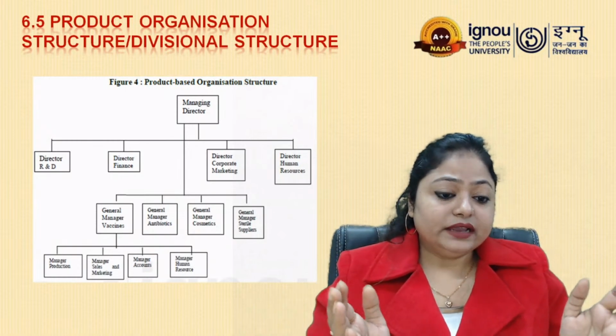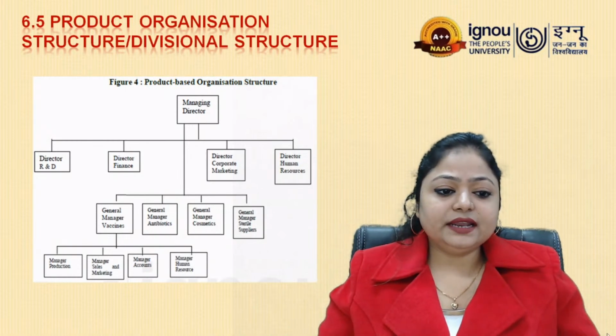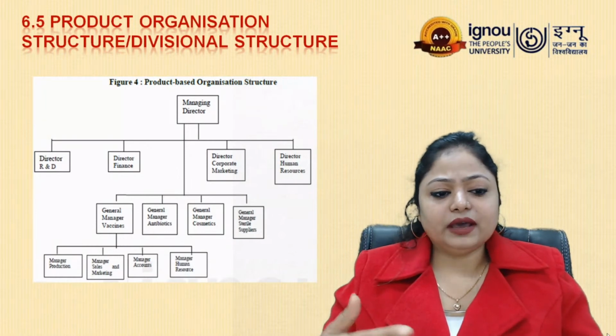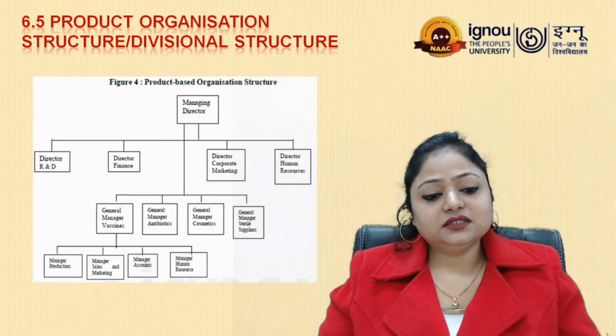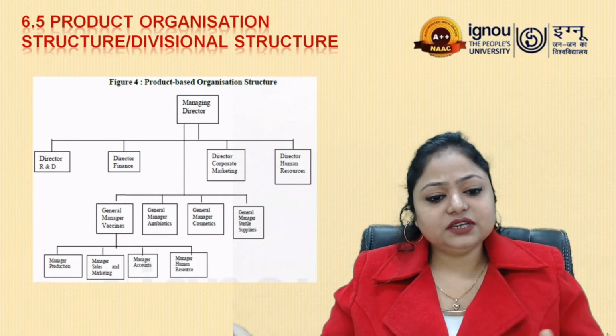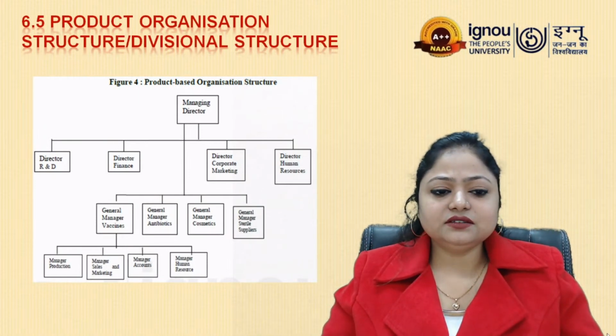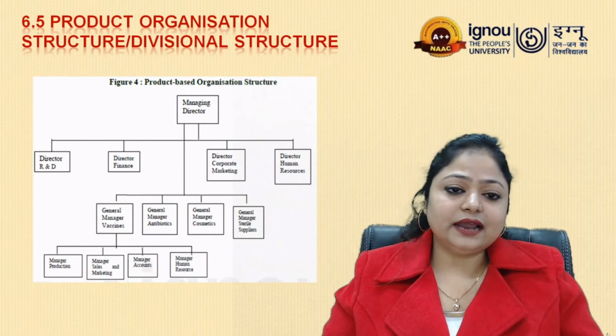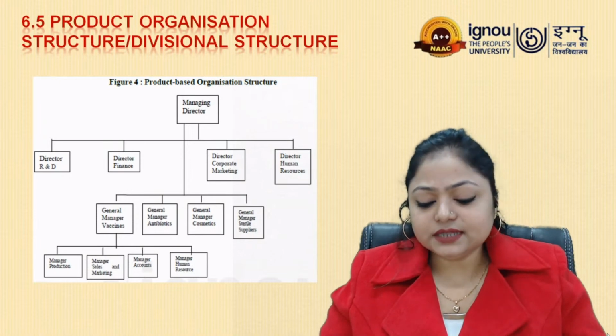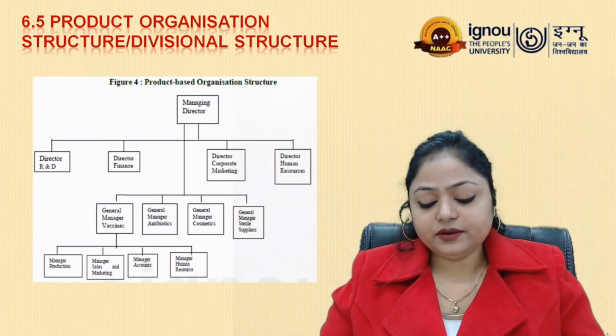Then the general manager of vaccines will be heading the entire function of managing production, sales and marketing, accounting and human resources. So the strategy of designing the whole structure is having a separate single unit for each and every product they have.